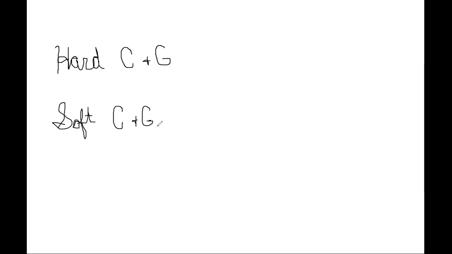So the rule that we need to remember is for the soft C and G. We use a soft C and G if those letters are followed, you recognize this cursive? Hopefully you guys have been practicing your cursive writing.